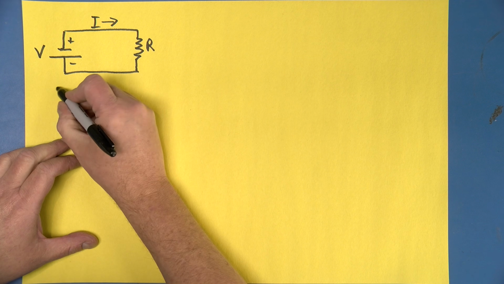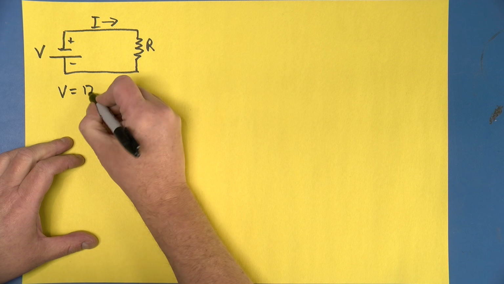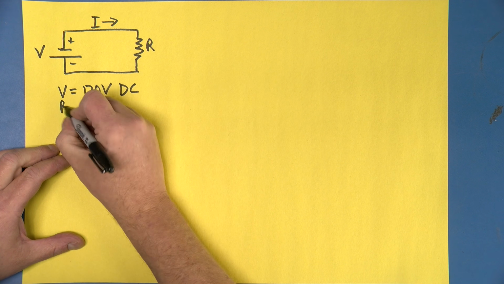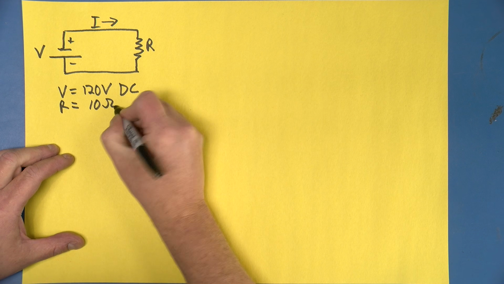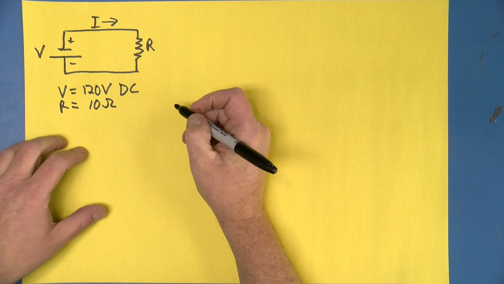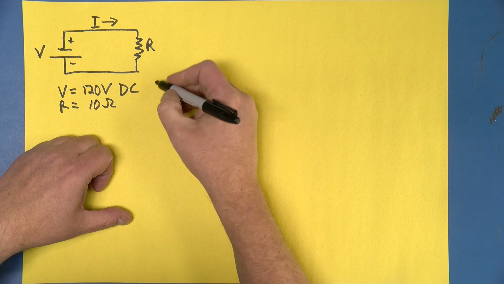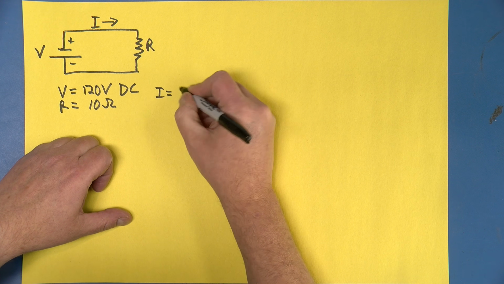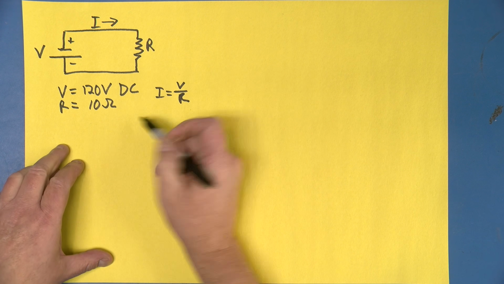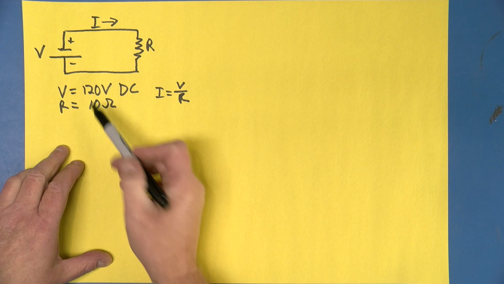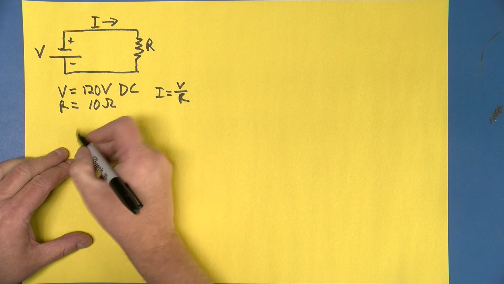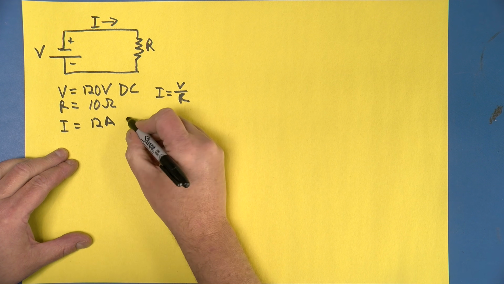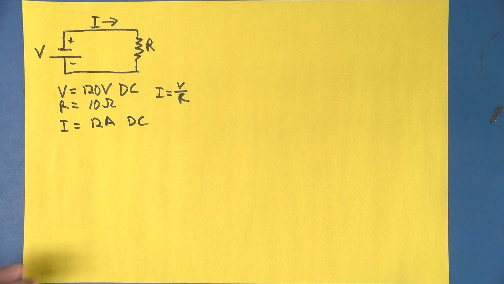And what we'll do is say V equals 120 volts DC, R equals 10 ohms, and if we use the standard Ohm's law equation, which is I equals V over R, well, if we take V, we divide it by R, 120 divided by 10, so current equals 12 amps, and we'll just write DC to remind ourselves that it's DC.